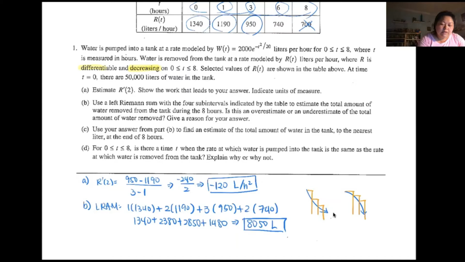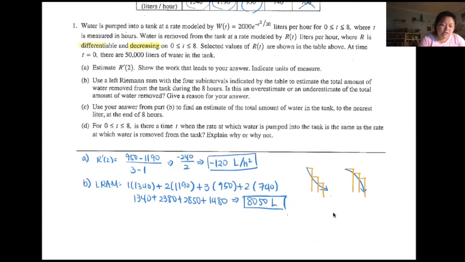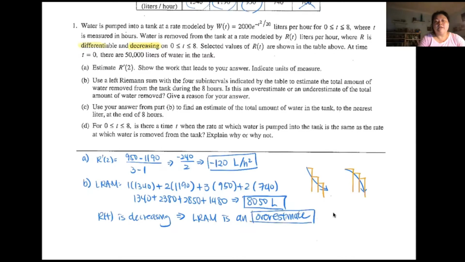So you're going to explain that because R of T is decreasing, LRAM is an overestimate. If it's increasing, then LRAM will be an underestimate. Okay, moving on.